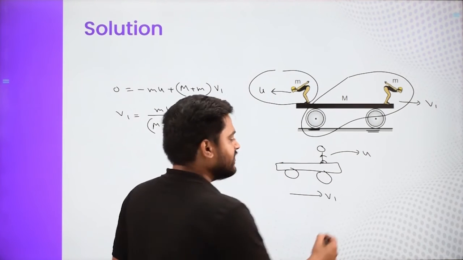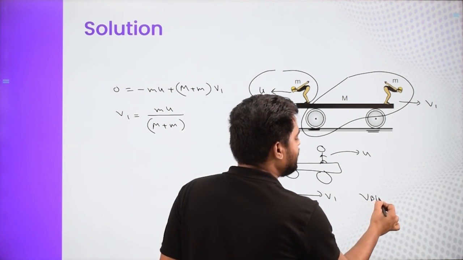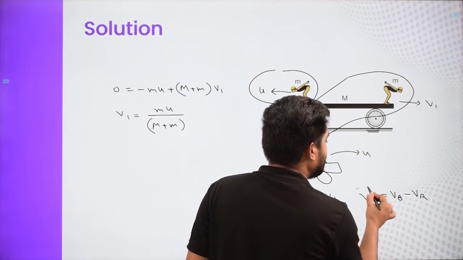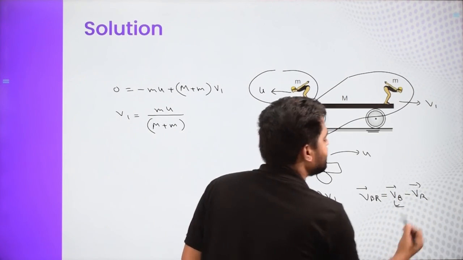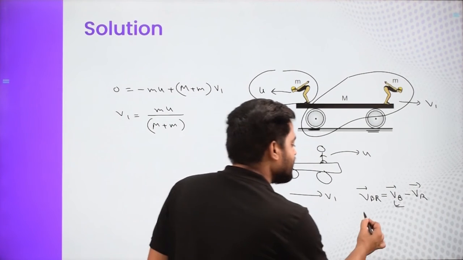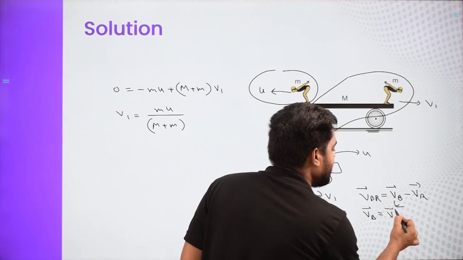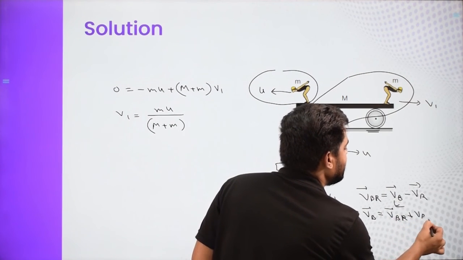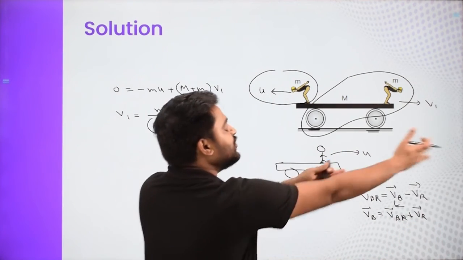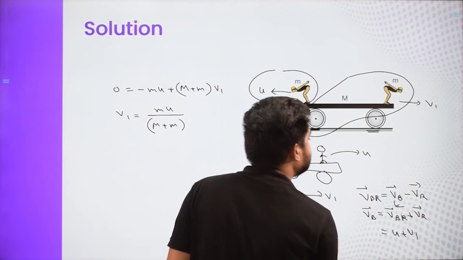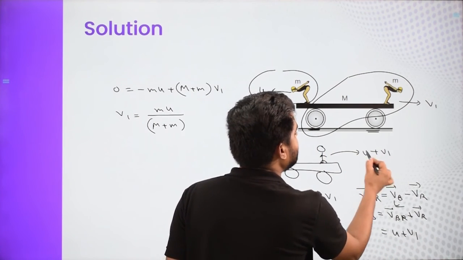The velocity of B with respect to the railroad is the velocity of B minus the velocity of the railroad, and we need to find the actual velocity of B. The actual velocity is the velocity of B with respect to the railroad plus the velocity of the railroad, and both are towards right, so they simply add up. It is u plus v1. So this person is actually going with u plus v1.